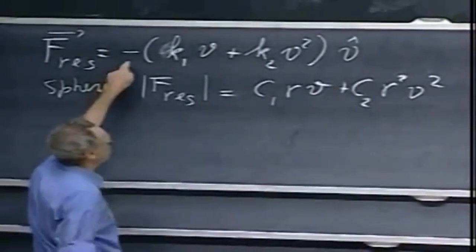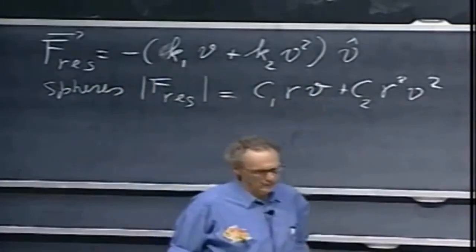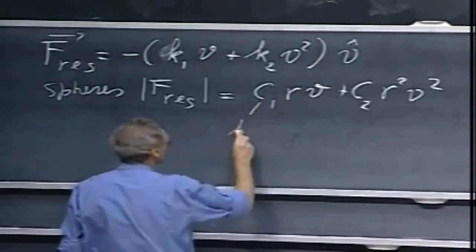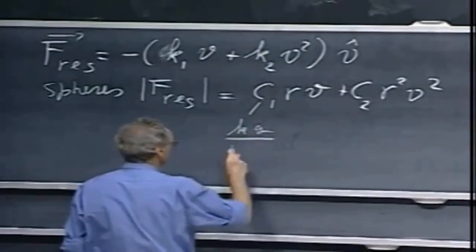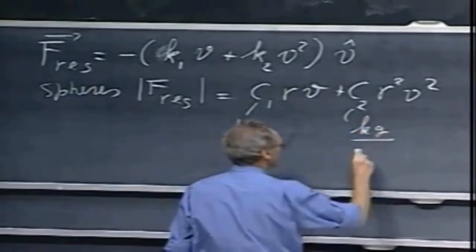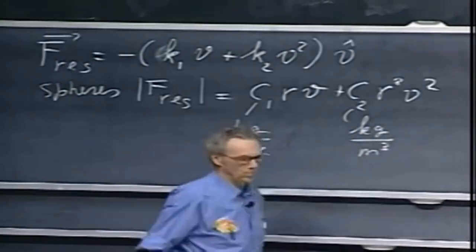And again, it's always opposing the velocity vector. C1 in our units is kilograms per meter per second, and C2 has the dimension of density, kilograms per cubic meter.